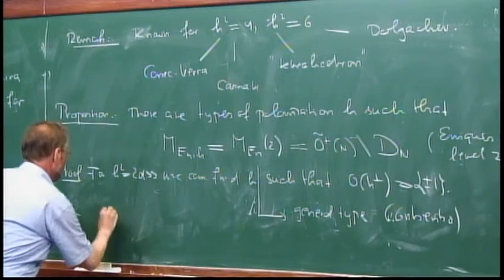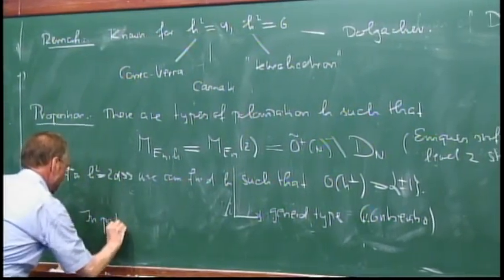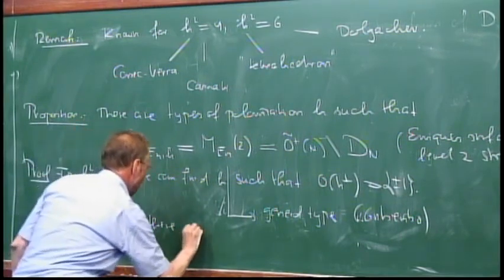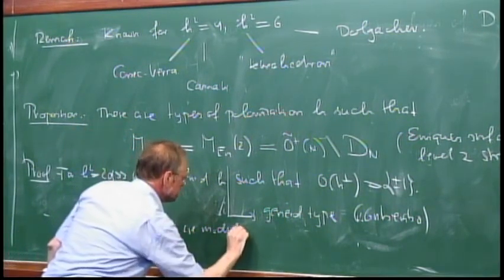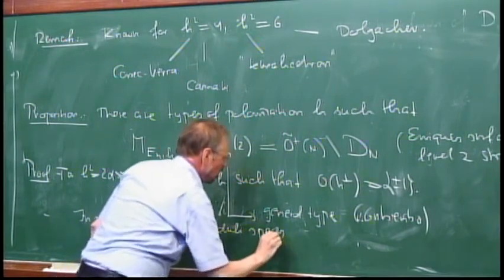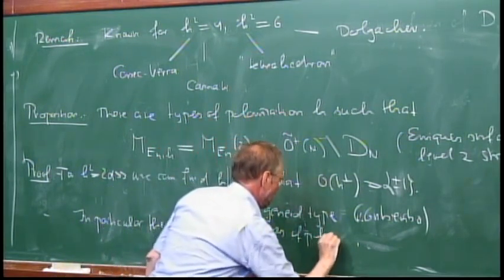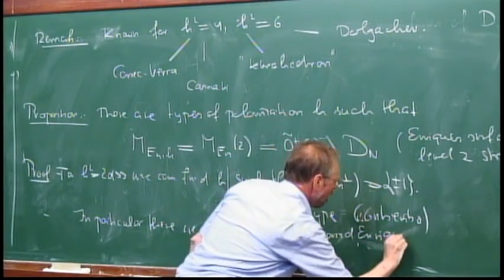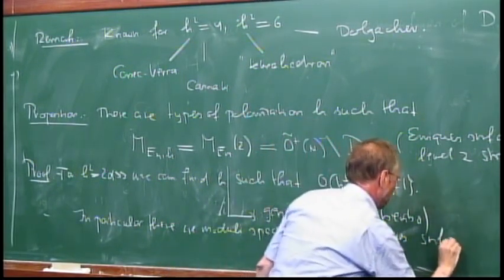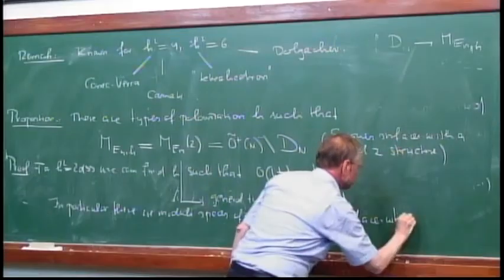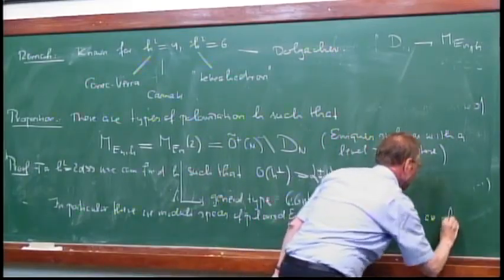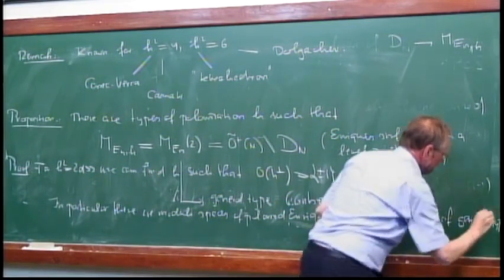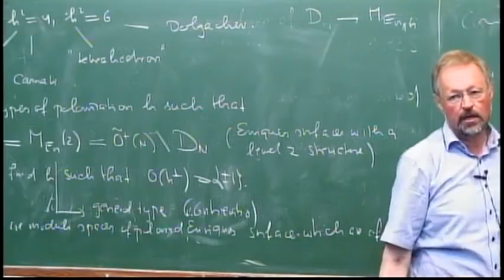So in particular, there are moduli spaces of polarized Enriques surfaces which are of general type. And I think that comes as a surprise.